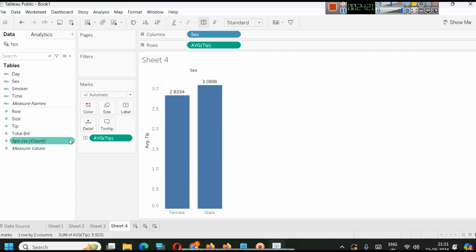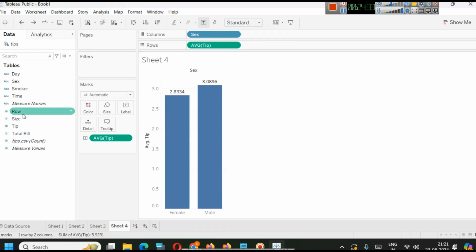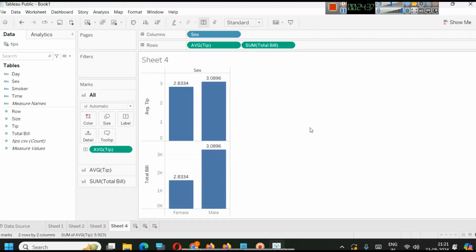We will also see total bill. So when you are comparing with total bill, I will add one layer here. What confusion it is giving us is because we have only selected average tip here.